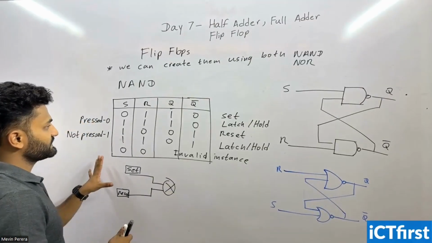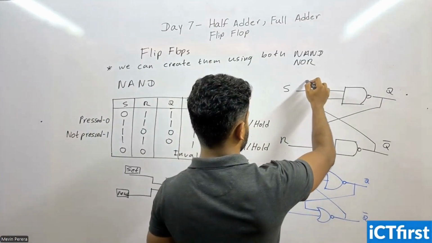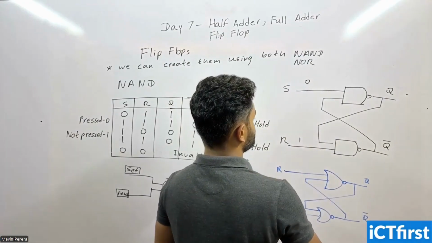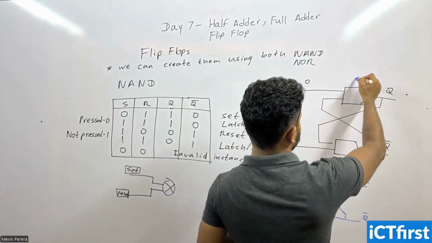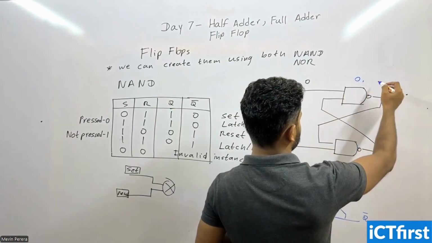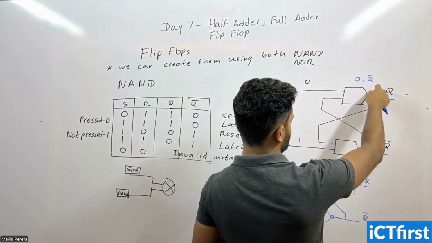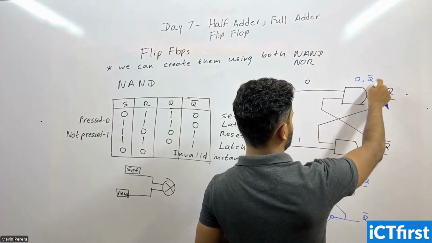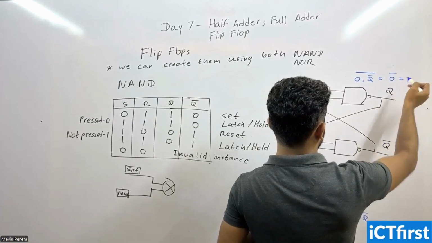So y'all can check an instance as well. Now let's say S is 0, this is 1. Now let's consider this one. So 0 dot, Q bar is coming to this input. So 0 dot Q bar, then 0 bar, that's 1.